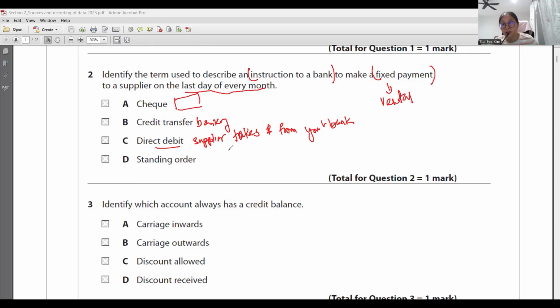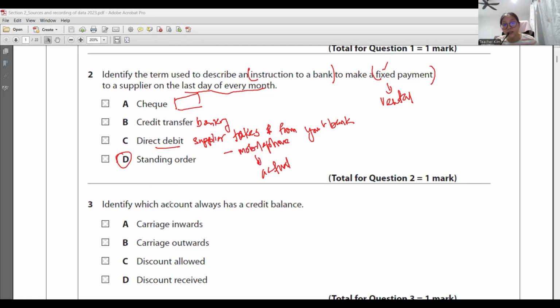Normally we can use direct debit to pay for a postpaid mobile phone, based on actual usage, and then they take our money. Standing order is a fixed amount, like the rental. So standing order is the answer in this question.